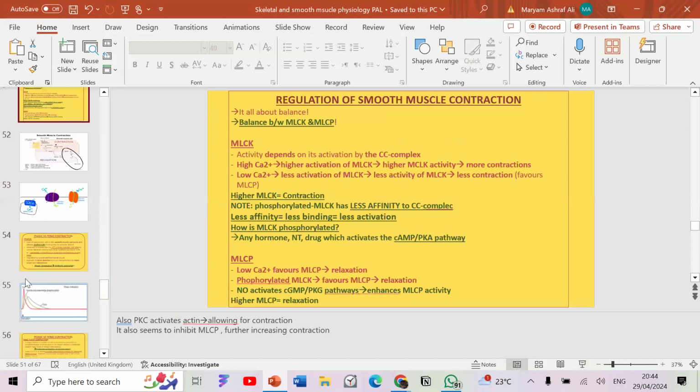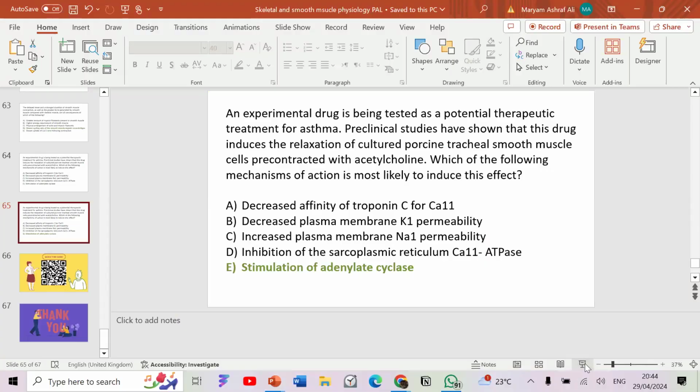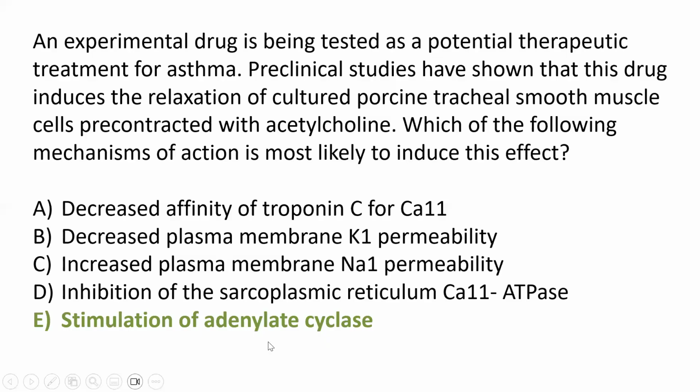So in this question, any stimulation of adenylate cyclase, if you know the pathway of cyclic AMP, you have a G protein activating adenylate cyclase, which is an enzyme which converts ATP into cyclic AMP.